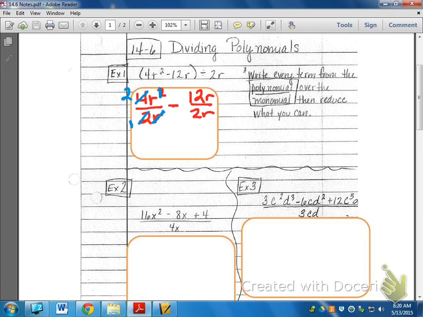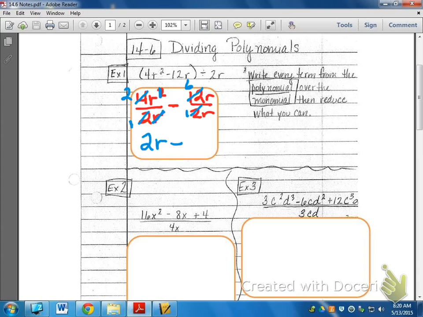So that first term, do you see how everything fell out of the bottom? There's nothing left there. The first term would then reduce to 2r. We're going to keep that sign, minus. And 12r over 2r. Well, we reduce that, so 12 and 2 become a 6 and a 1.